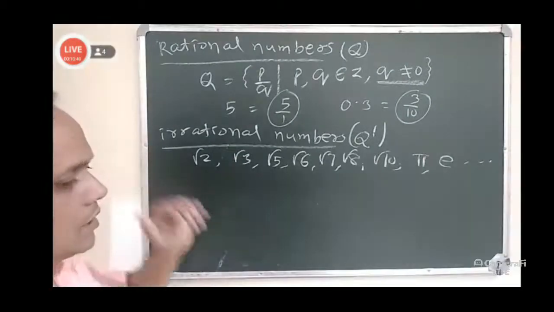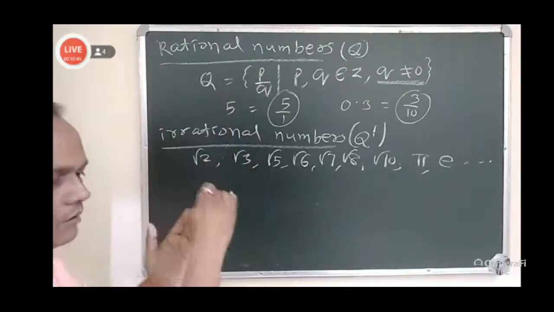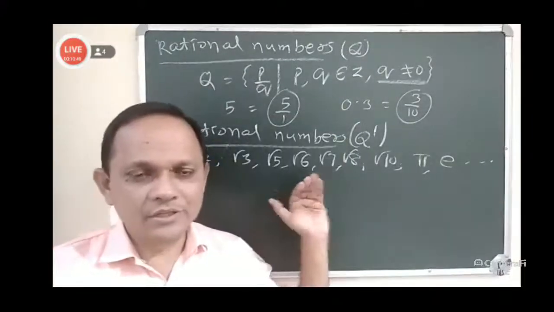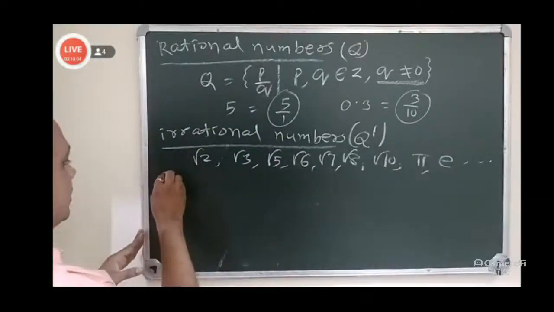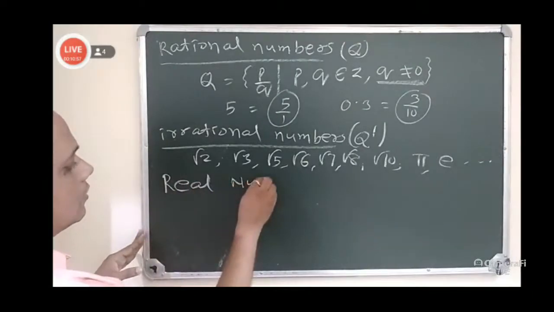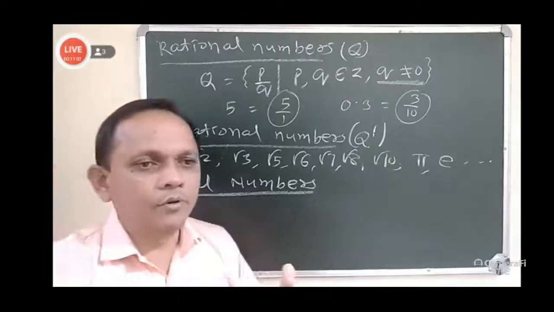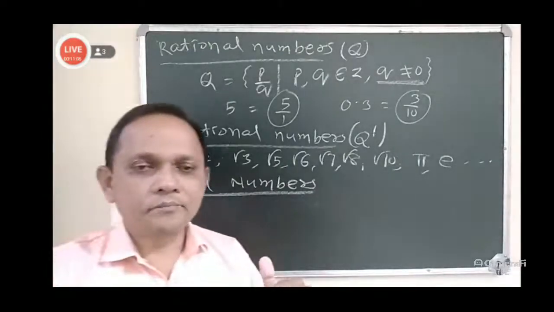Rational numbers, irrational numbers, then we will discuss the number systems in detail. So many things are there that we have to discuss after that. But next is real numbers. We discuss an overview of the number systems very clearly.